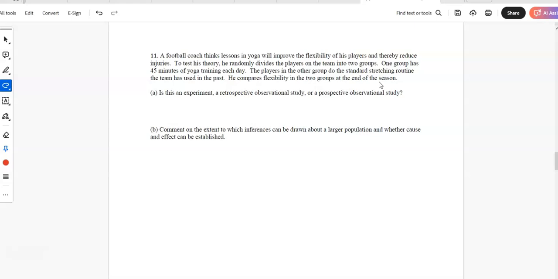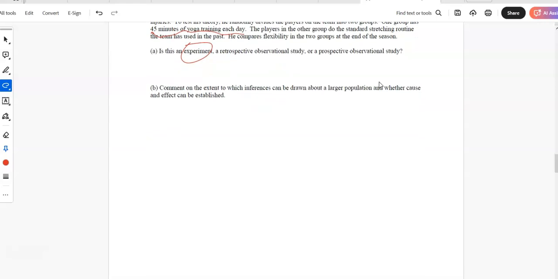He randomly divides the players into two groups. So this seems like a treatment, right? Isn't yoga a treatment? So you would say it's an experiment because the treatment of yoga was given.